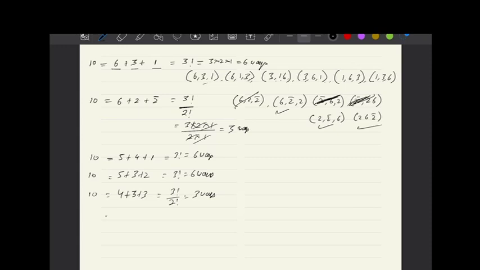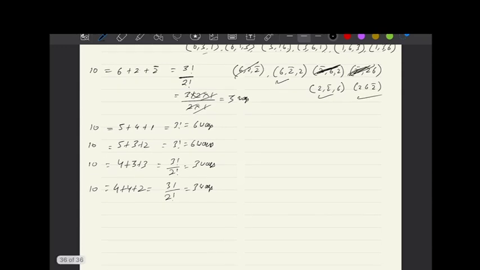I think there has to be one more. Let's see. Yes, you can get 4 plus 4 plus 2, which adds up to 10. This is 3 factorial divided by 2 factorial, equal to 3 ways. So I think we have covered all the possibilities through which you can get a sum of 10.